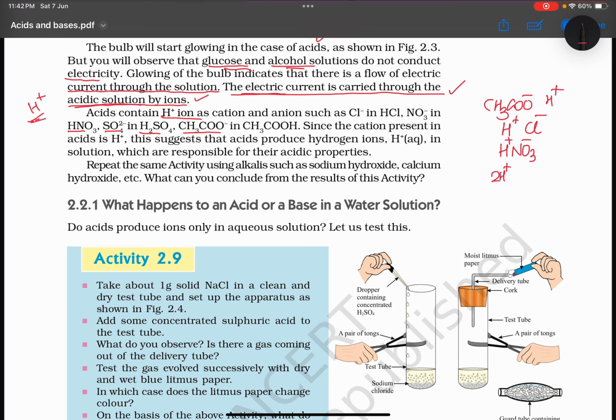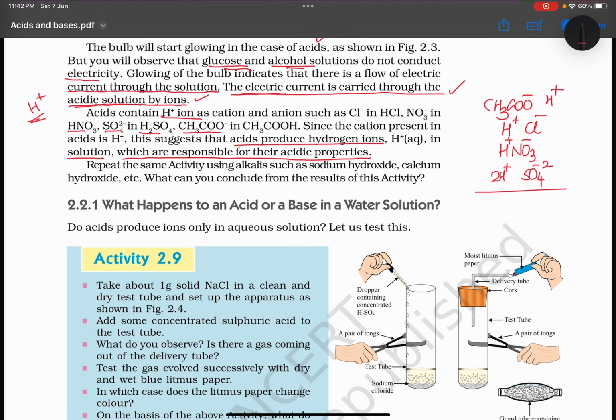Sulfuric acid gives 2H plus and SO4 2 minus. Since the cation present in acids is H plus, this suggests that acids produce hydrogen ions, H plus ions, in solution, which are responsible for their acidic properties. So the reason for the acidic property is H plus ions.